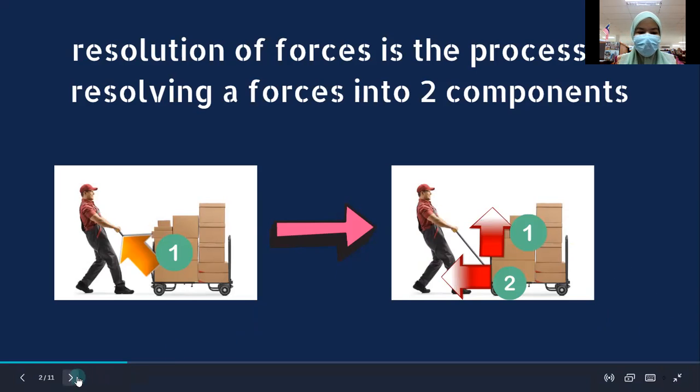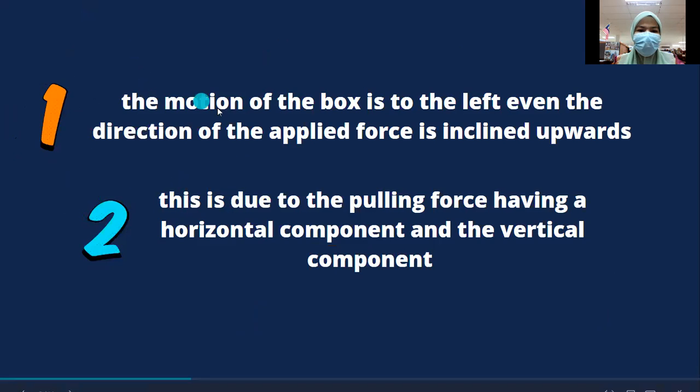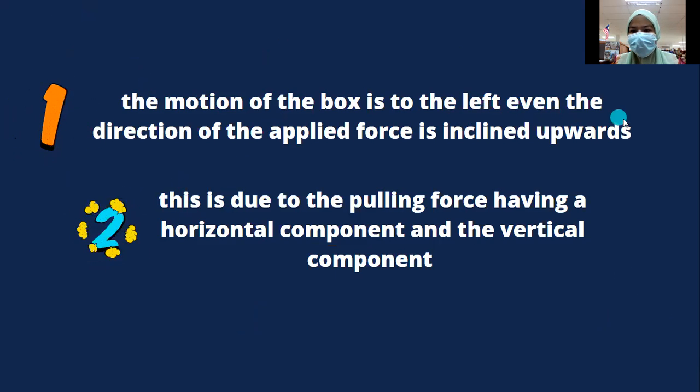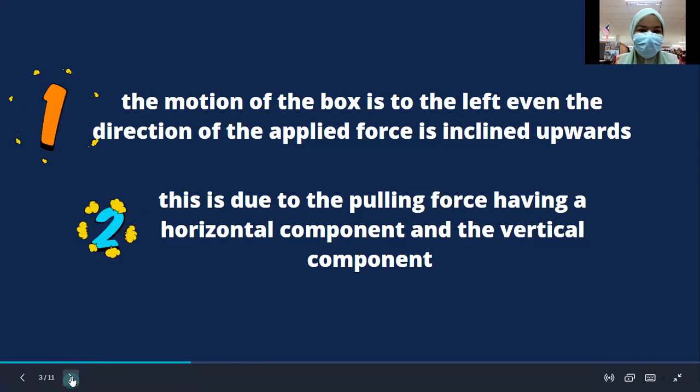Next, we're going to move to the next slide. The motion of the box is to the left, as I told you just now, even though the direction of the applied force is inclined upward. This is due to the pulling force having a horizontal component and a vertical component.